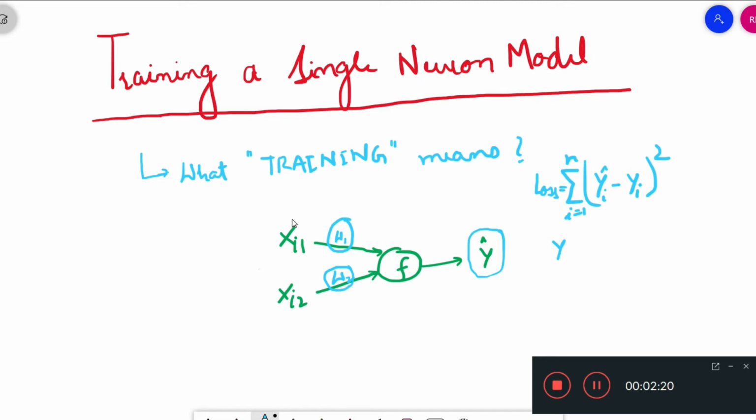If there are n data points, then the total loss is calculated as i varying from 1 to n, of the target value calculated using our model, y cap i, minus the exact value given in the data set, yi, whole square. So this is the loss function of a linear regression model, and this we know from the machine learning algorithms. So I'm not going to explain linear regression here.